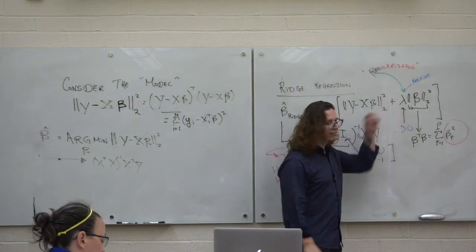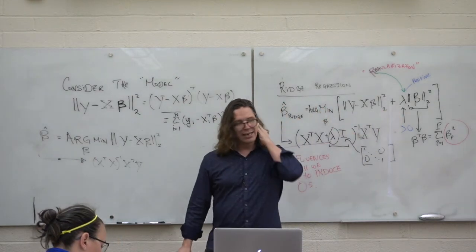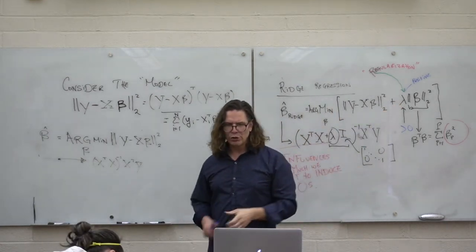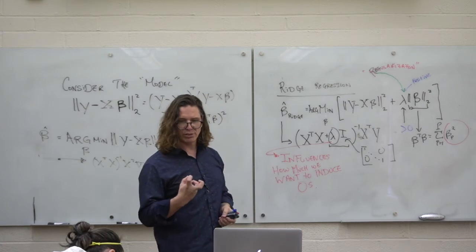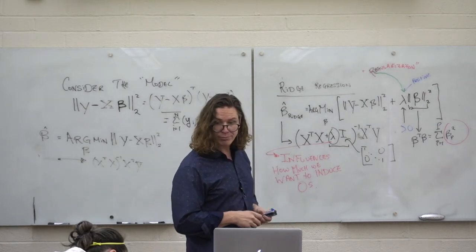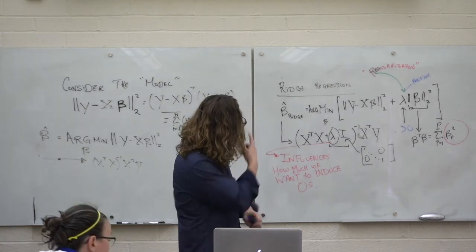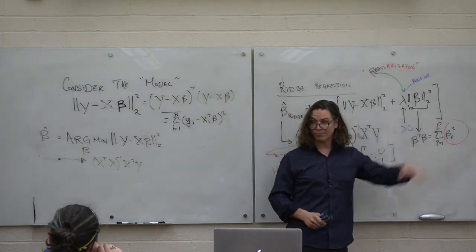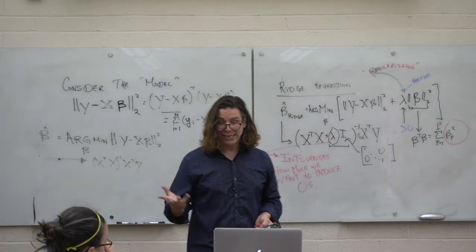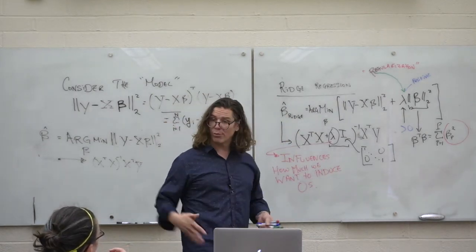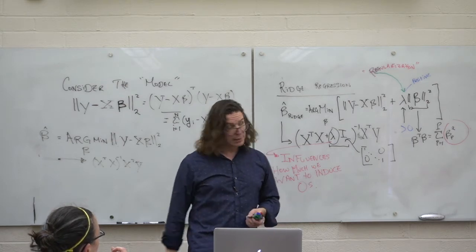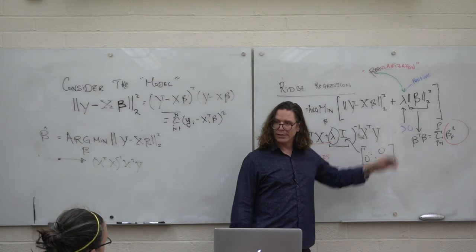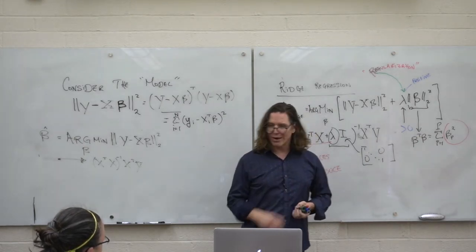This solution isn't all that great in the sense that unless you make that thing really large, like infinity, you're not actually going to induce absolute zeros in the optimization. So you only get close to zeros with this formulation. Some people might like that and say, anything below some threshold, I'm just going to throw out of my model. So this isn't truly doing model selection. It's kind of a push in the right direction, I would say.